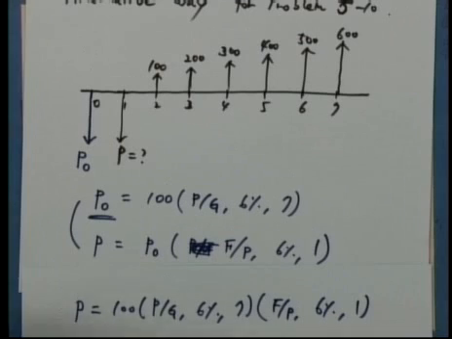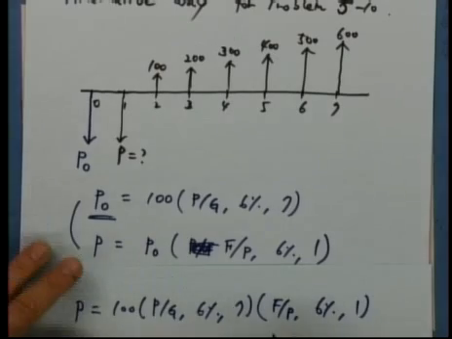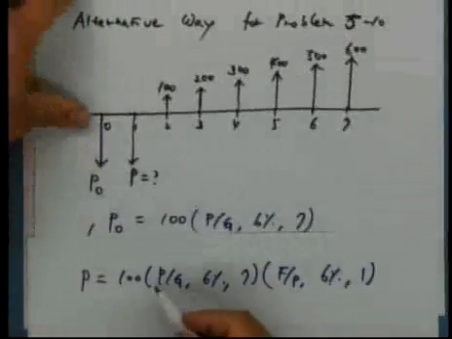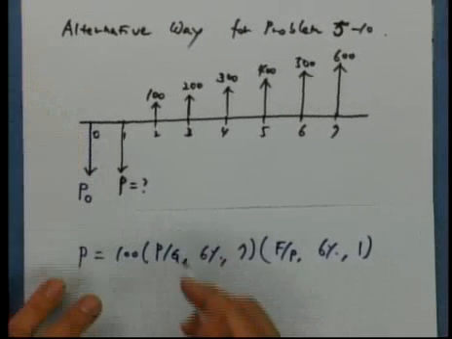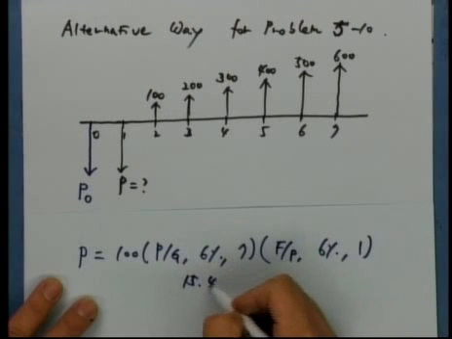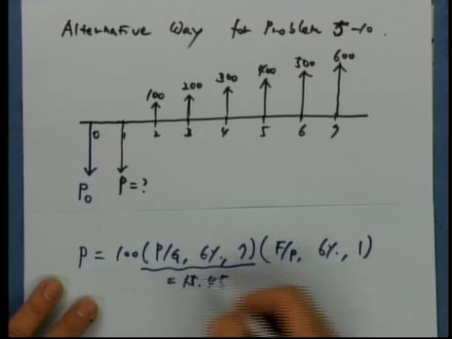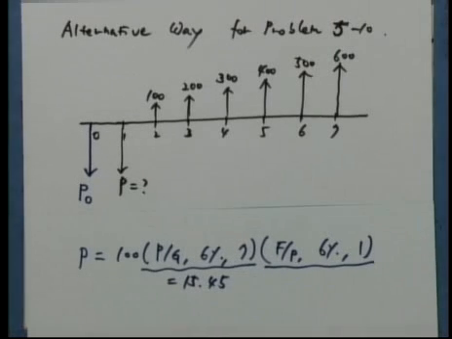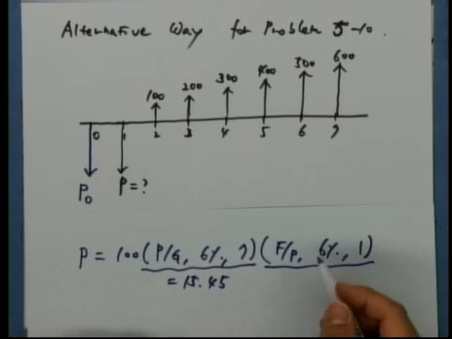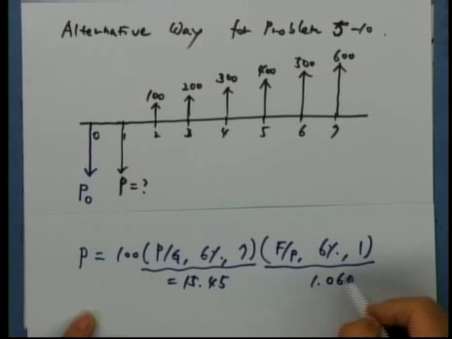So let's get these factor values. So we are looking at 6%. P given G over 7 periods is 15.45. And what about this? F given P over 1 period, 1.060.